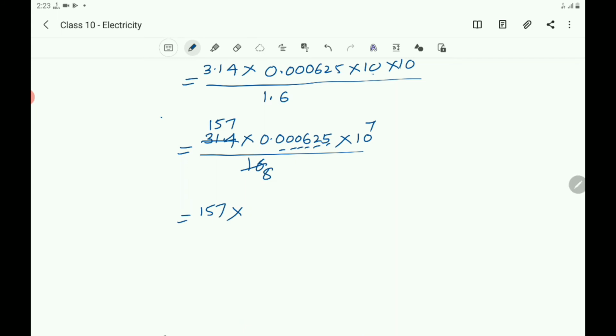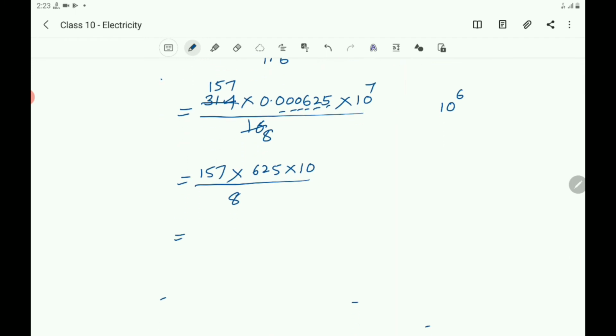So you can have 625 into 10 to the power of 1. Here 10 to the power of 6 is multiplied with 0.000625, so what is remaining is 10 to the power of 1, that means 10, divided by 8.